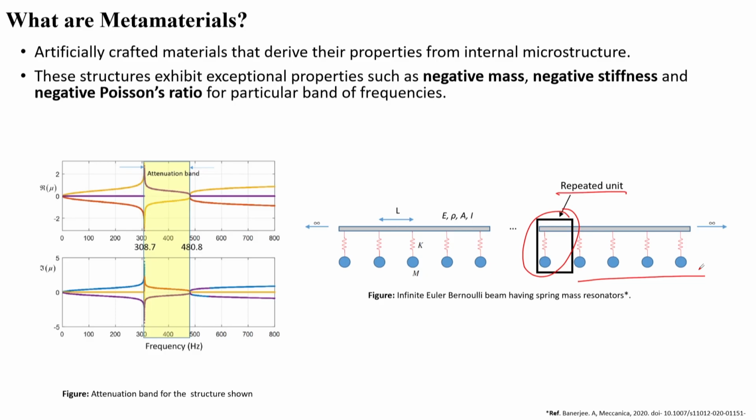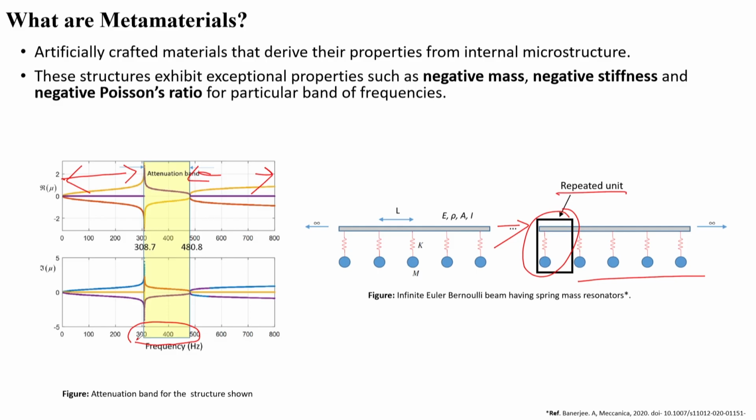As a result of that, if you excite this structure from one side using a vibration, you would see that in certain regions the vibration will propagate. These are propagating zones, this is also a propagating zone, but if the frequency touches 300 hertz and goes up to 500 hertz in this particular design, you will see no wave is propagating to the other side.